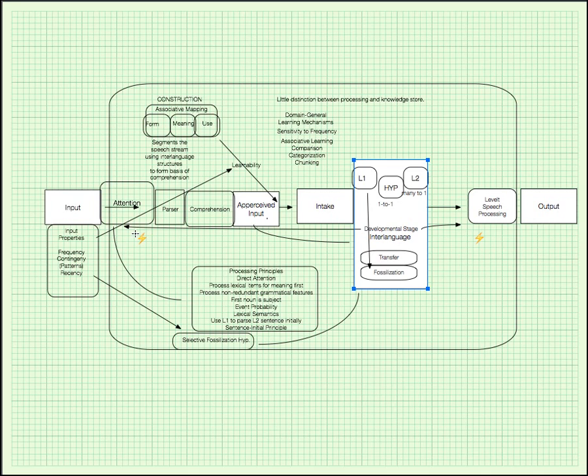So they become lightning fast. There's a shift in reliance on a rather fast mapping but slow performing declarative knowledge system towards a proceduralized and ultimately automatized processing.